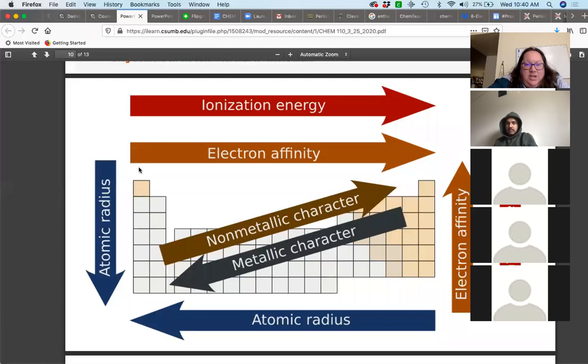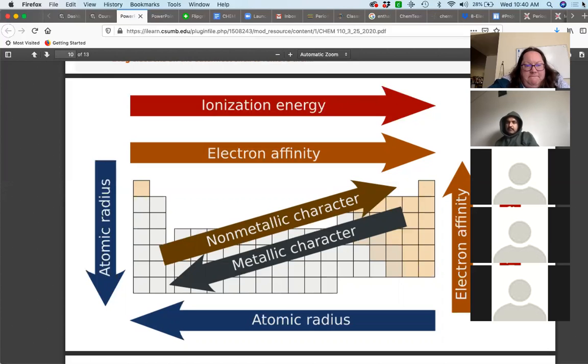So my ionization energy here, do you think that's going to be high or low? What it takes to remove that electron is probably going to be lower. If I compare that to my ionization energy for something that's completely satisfied and content, then my ionization energy here is probably going to be a lot higher. And so it's important that you can give the reasoning or the rationalization for why.